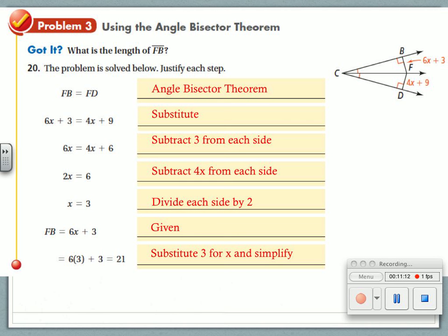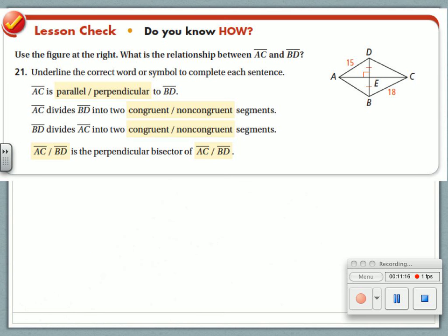Quick lesson tonight. So let's check over and make sure we understand exactly what we're doing. Use the figure at right. What is the relationship between AC and BD? Underline the correct word and symbol to complete each sentence. Segment AC is perpendicular to segment BD. AC divides BD into 2 congruent segments.